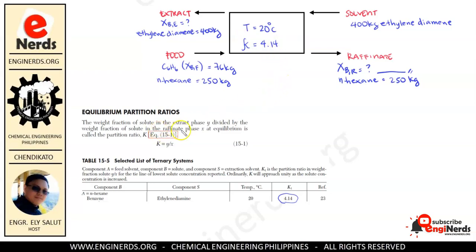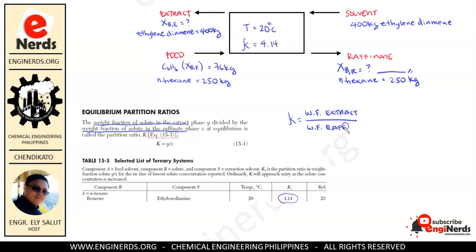But we have to take note of the definition of the partition ratio. This is the weight fraction of the solute in the extract divided by the weight fraction of the solute in the raffinate. So, it is extract over raffinate, right? So, this is the weight fraction in the extract and the weight fraction in the raffinate.